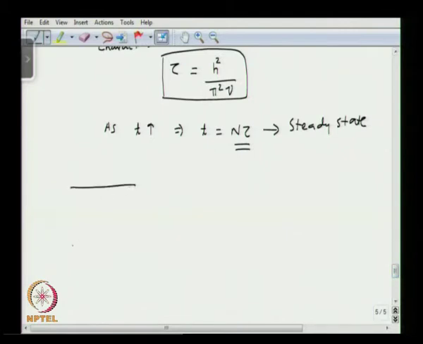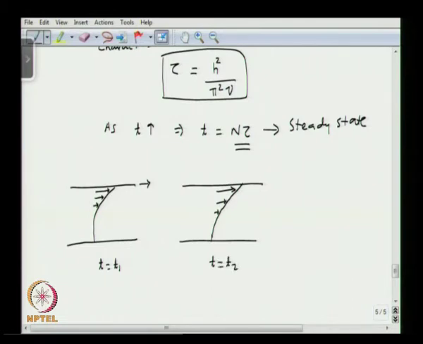So, we are going to draw at various time steps. So, let us say at time equal to t1, it is going to start something like this. Okay. So, this plate is moving, right. So, it will move something like this, and at time t equal to t2, this is going to bend a little further, and this is time t equal to t3, right.